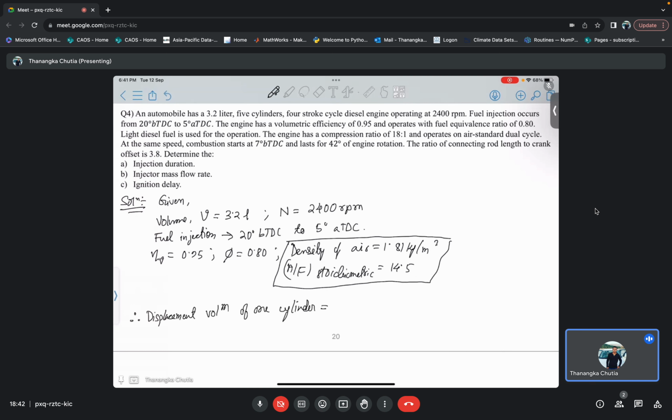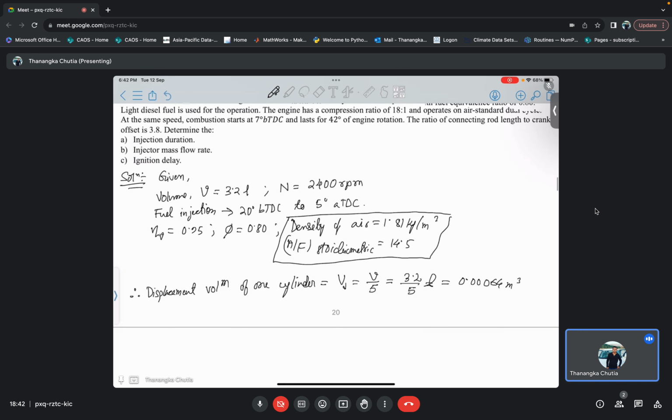Okay, so that will be Vd, which will be equal to V by 5, that is 3.2 divided by 5 liter, and this one you can express in meter cube, so this will be 0.00064 meter cube.